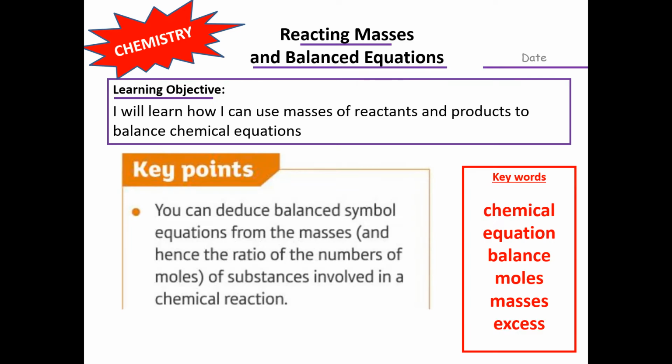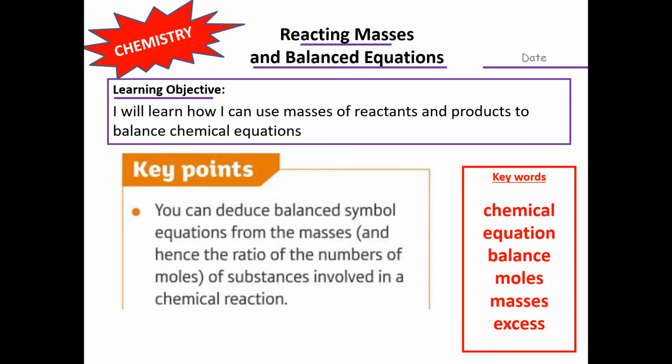Okay, we're going to go through in a second another example. I'm going to show you on the whiteboard how to do this. So today we're learning how we can use masses of reactants and products to balance chemical equations. And here is our key point.